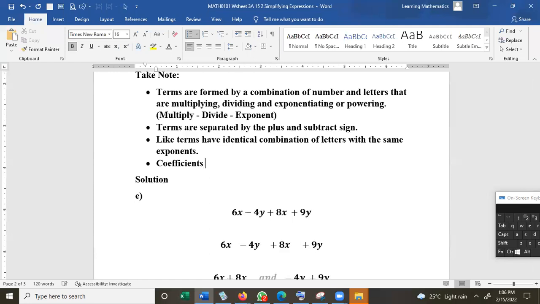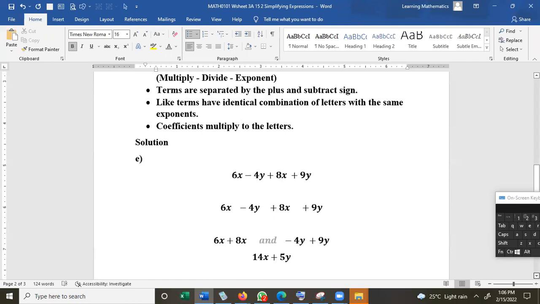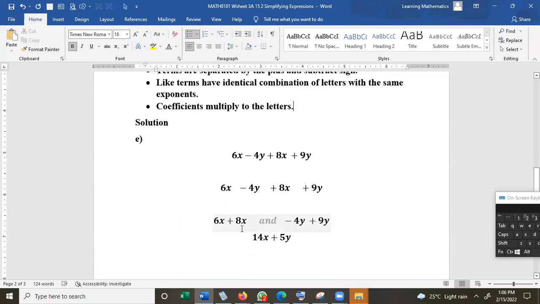Coefficients multiply to the letters. Okay. So 6, -4, 8, and 9. These are coefficients. They are multiplying to the letters. So you can simply add the coefficients. 6 plus 8 equals 14. Or subtract the coefficients if you have to. -4 and the 9 will give us a positive 5.